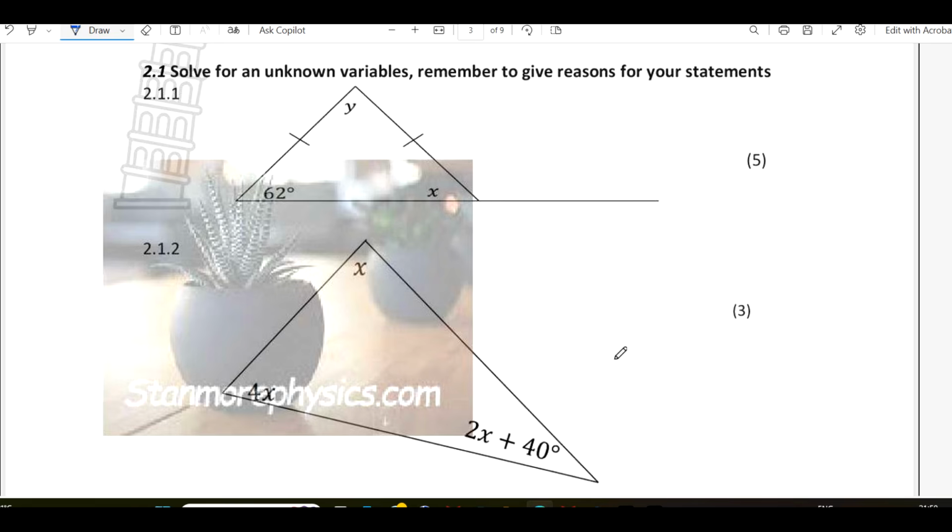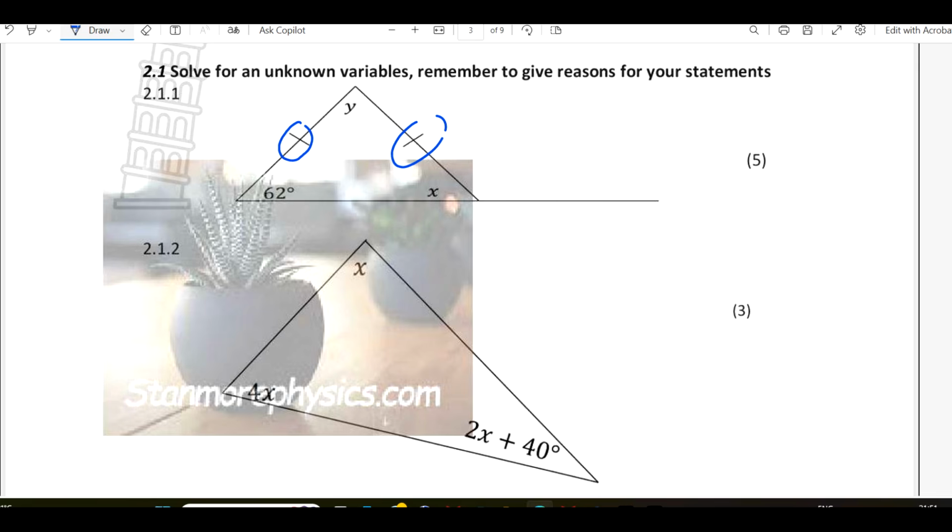We have y, we have 62, and we also have x, and then we have these two dashes here, these two, and then these two. They simply mean that it's an isosceles triangle.